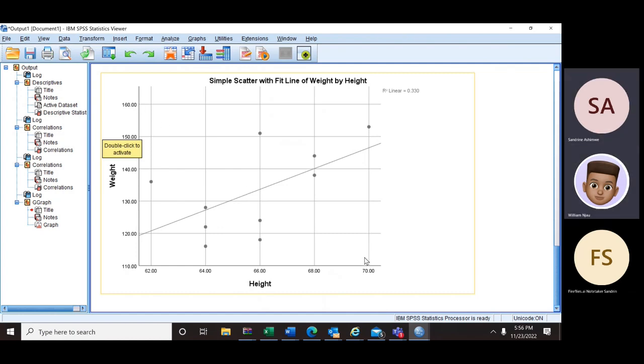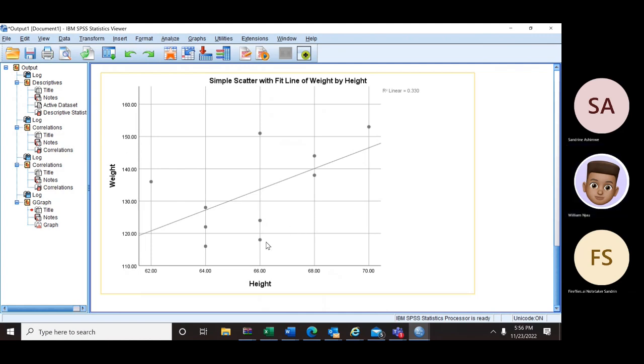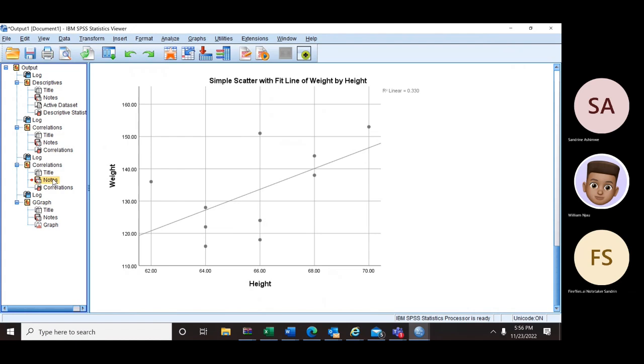If it was a perfect negative, they will all be on the line. So this one is showing you that it is a positive correlation, but it is not that strong because they are a bit far from the line. So the stronger the correlation, the closer they will be to that particular line.